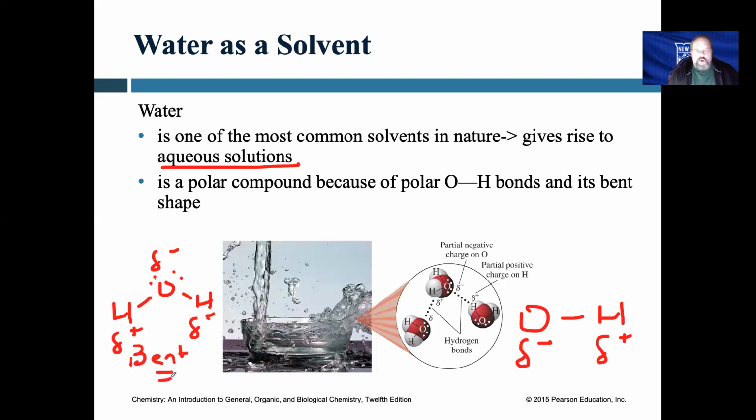Okay, so water has a bent shape. So we look at the idea of the combination of water having polar covalent bonds and having a bent shape. That combination led us in our discussions previously to classifying water as a polar compound. So water is absolutely a polar compound because of the polar OH bonds that are present and its bent shape.